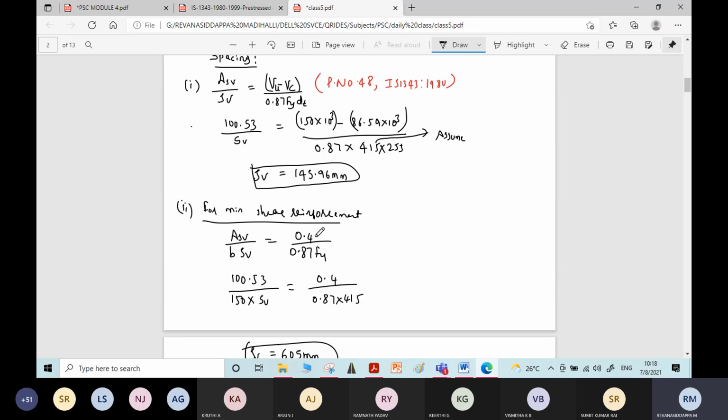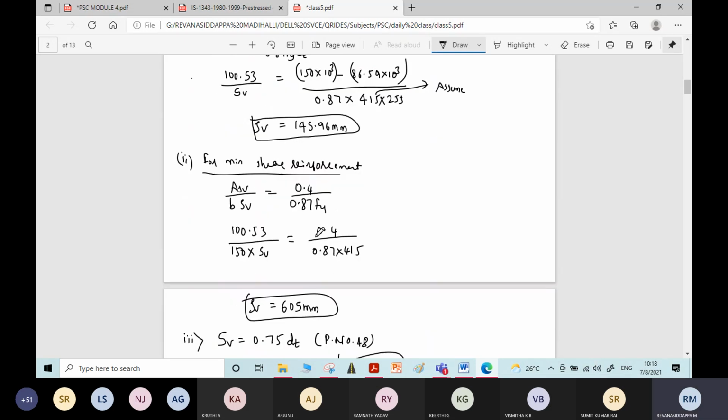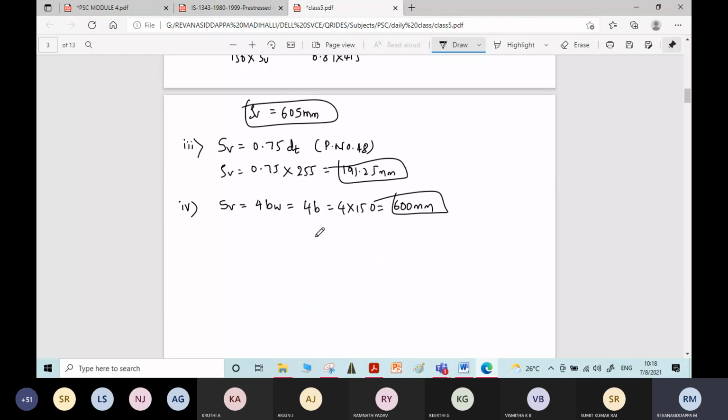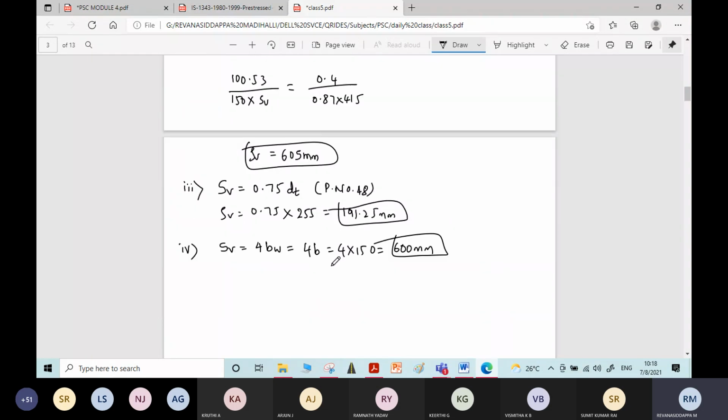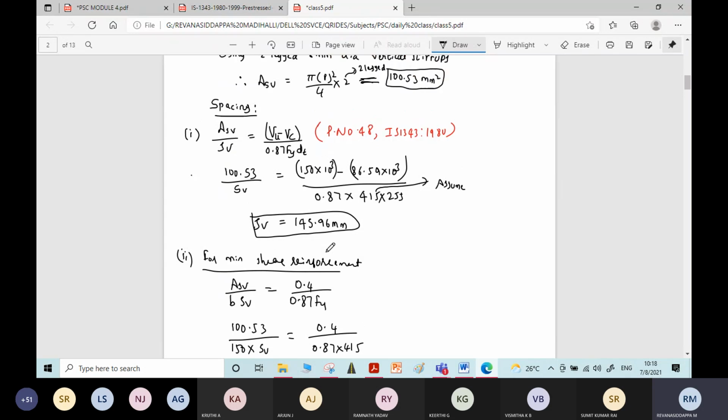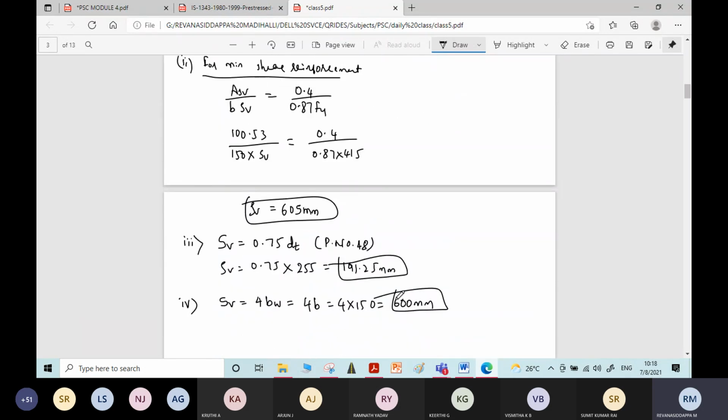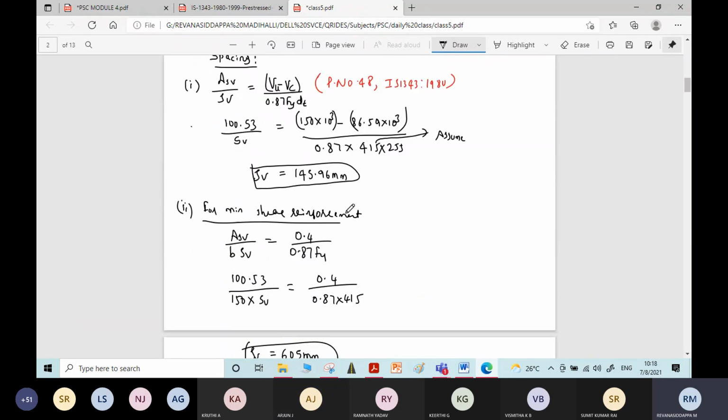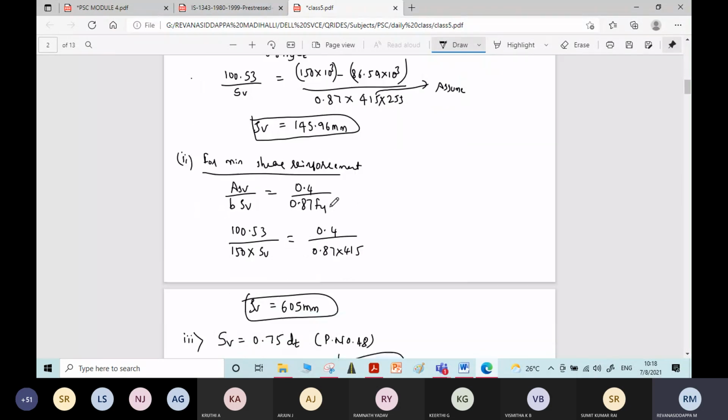Okay. Then whichever the minimum spacing out of all these calculations, that spacing we have to give for shear reinforcement. Okay, which is the minimum value? 145.96, 605, 191, 600. So 145.96 is the minimum value. We will provide this spacing. Okay.